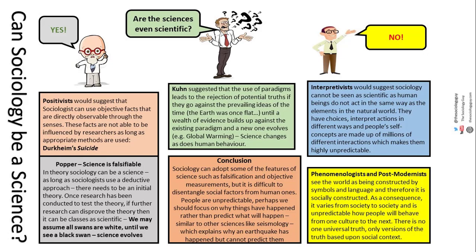And then you've got Kuhn and the idea of paradigm shifts, and then your conclusion in the middle, which is really the realist explanation, and this is the idea it's difficult to disentangle social factors from human ones. People are unpredictable, so it's very difficult for us to predict what they will do, but we can understand by using scientific methods why they have done something. And there are some sciences that are like that, particularly things like meteorology and seismology, where we can't make predictions, but what we can do is understand what has happened by looking at the evidence that is available. And I'm going to use that in one of my paragraphs.